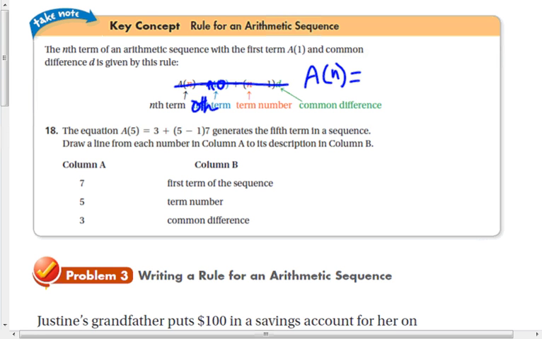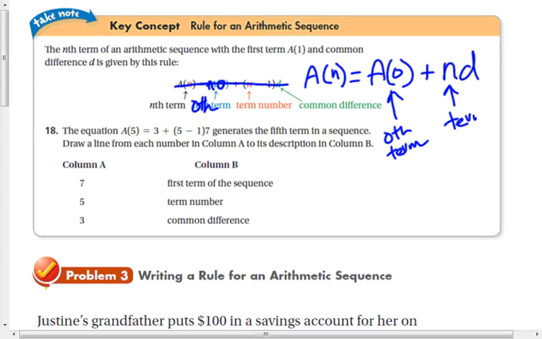A sub n is equal to a sub 0 plus nd, and a sub 0 is the 0th term, so the term before the first term, and n is the term number in the sequence, and d is the common difference.